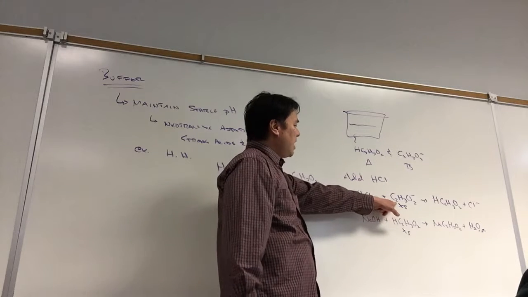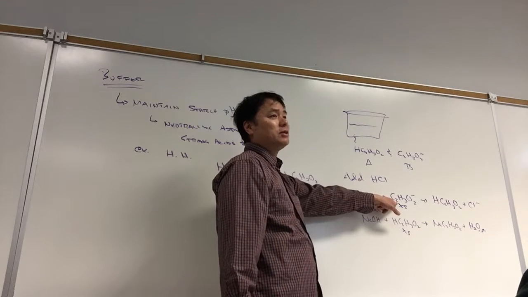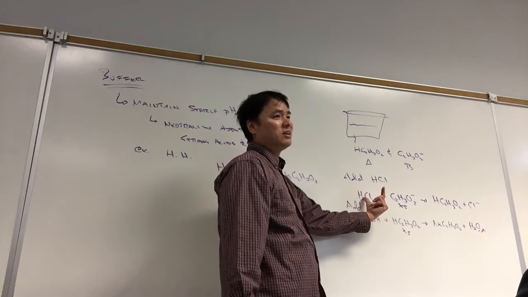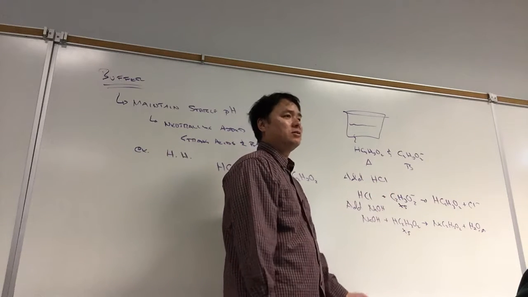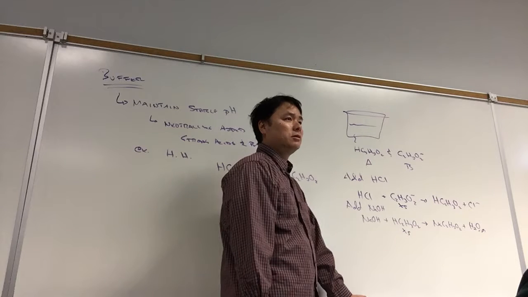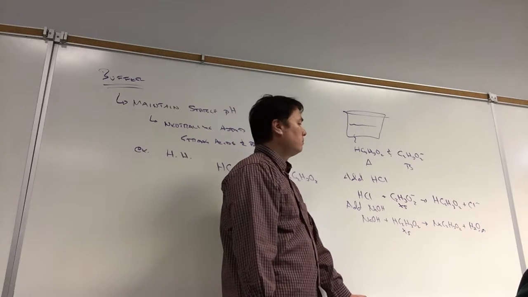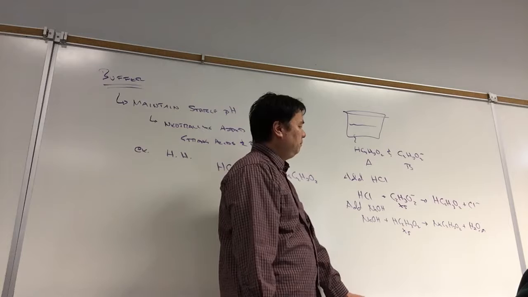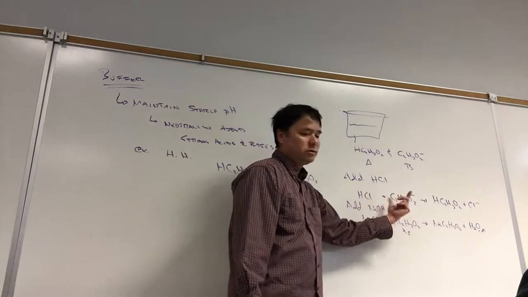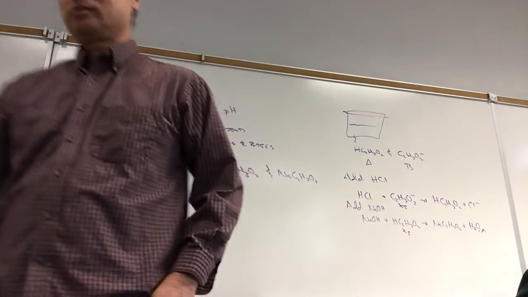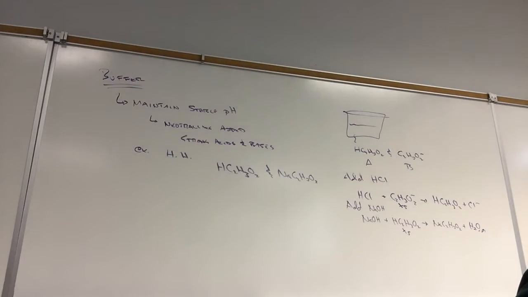Because when this runs out, then this is a limiting reagent, and that means we have HCl as our excess reagent. If we have HCl as our excess reagent, then it's just an HCl solution, a strong acid solution, or strong acid mixture. And so this would be an example of a strong acid, weak acid mixture. So it's just an acid mixture. We'll talk about strong acid, weak acid mixtures in a little bit.